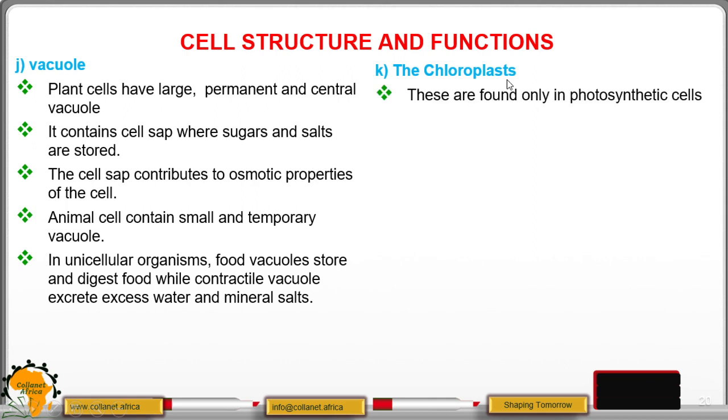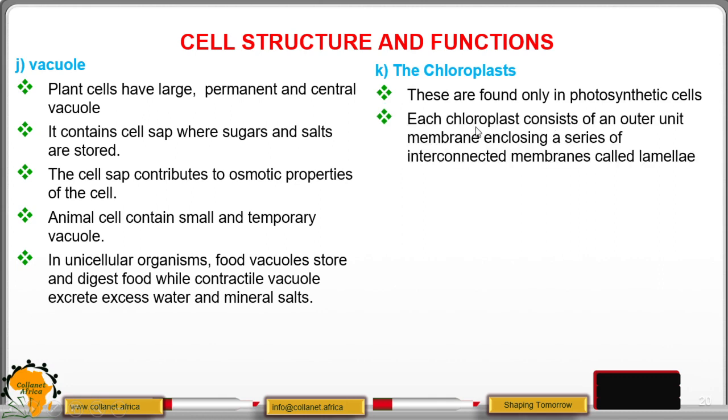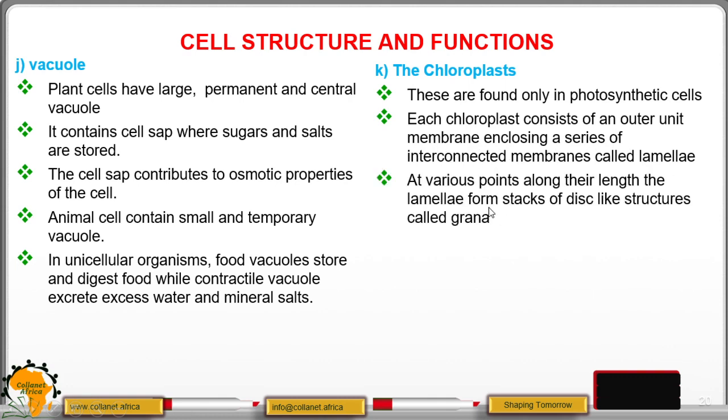We move to the chloroplast, and they are found in plants or photosynthetic cells. Each chloroplast contains an outer unit membrane enclosing a series of interconnected membranes called the lamella.